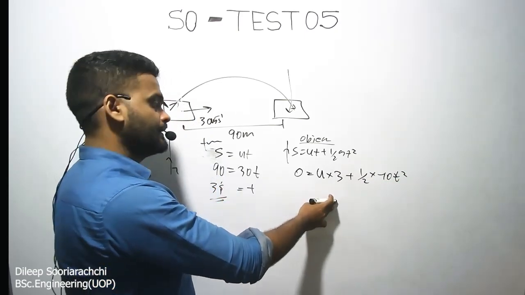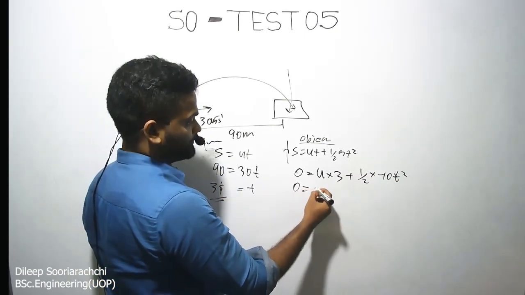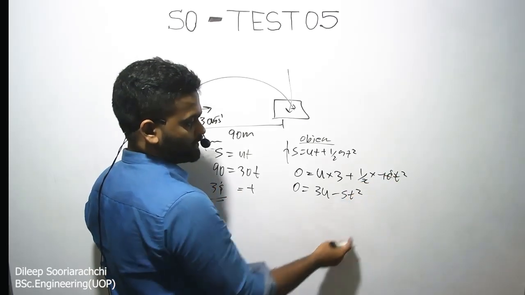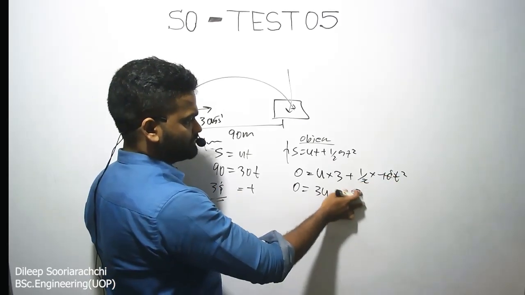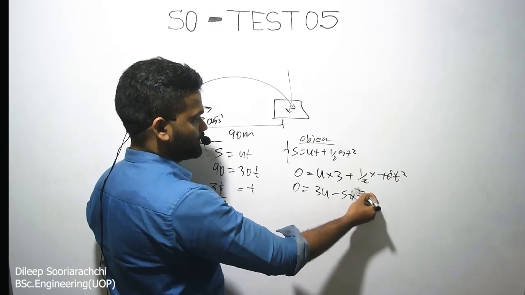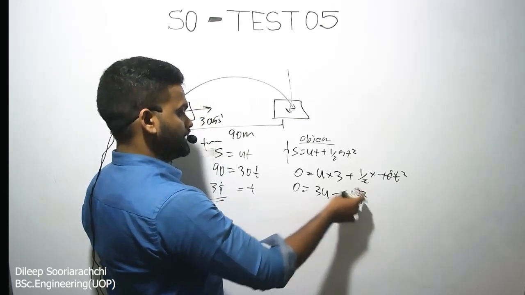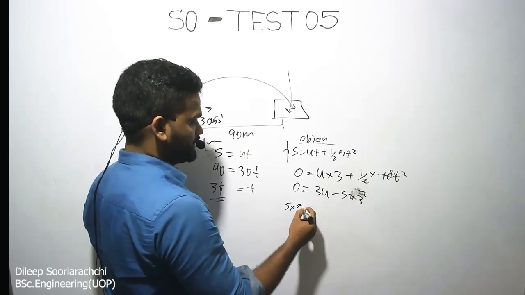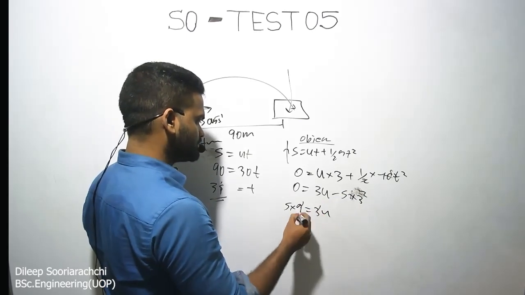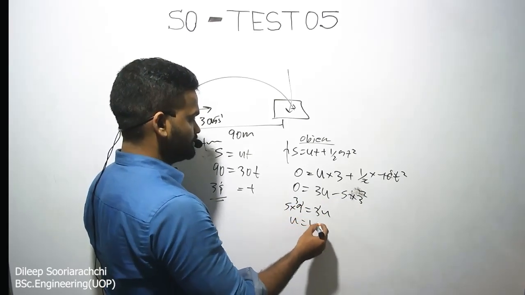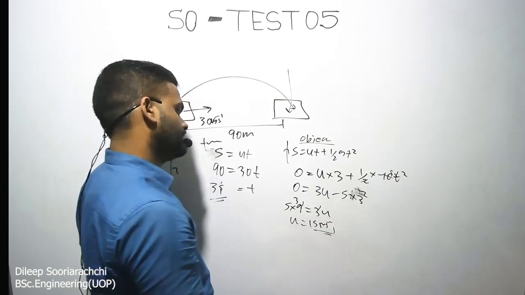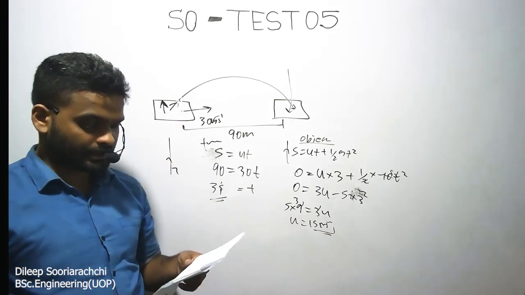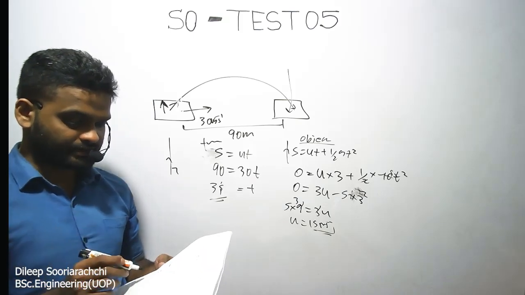So 0 equals 3u minus 5t squared. The time is given, so it is 3 squared. Take it to the other side. 5 times 3 squared, which is 45, equals 3u. So u should be 15 meters per second. So 15 meters per second, and it is projected at 90 degrees.